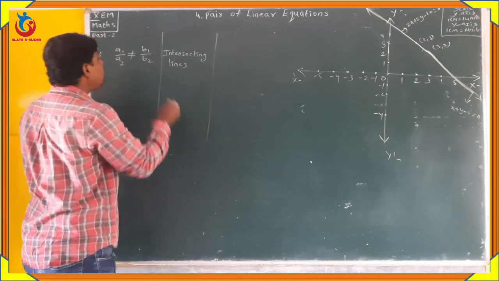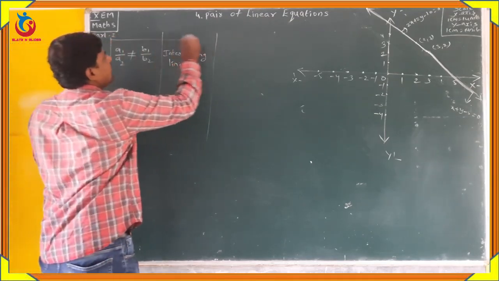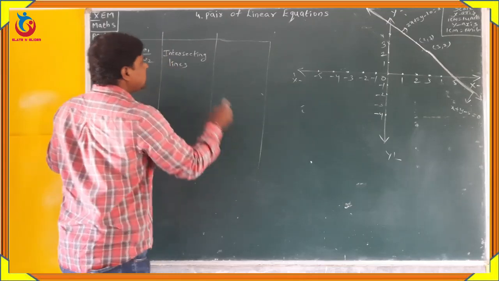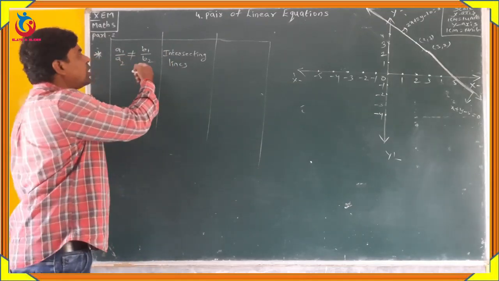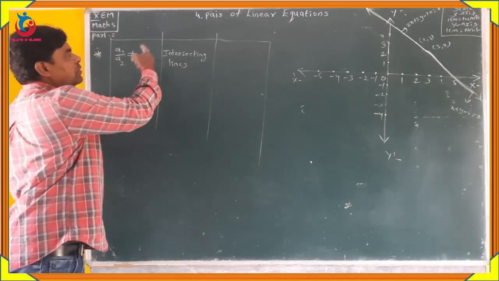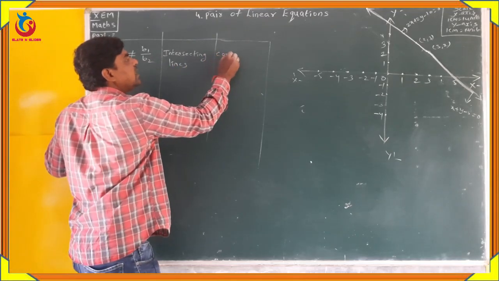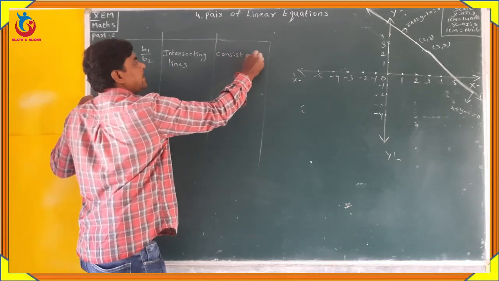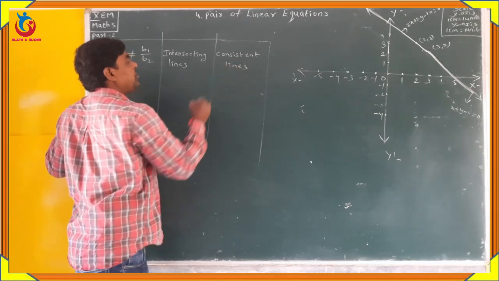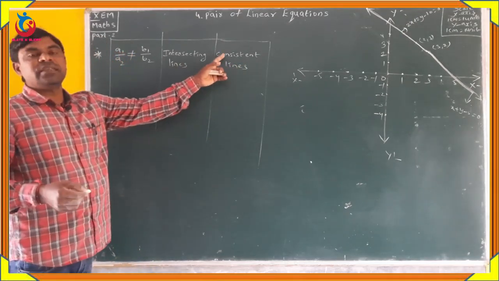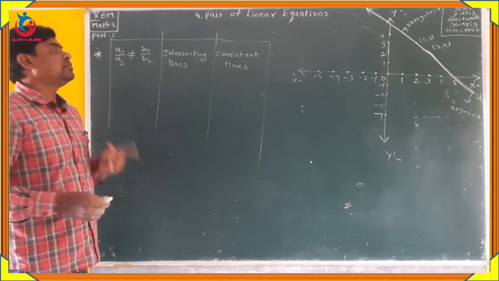And we have one more quality, that is when A1 by A2 is not equal to B1 by B2, then the two lines are called consistent lines. If this condition occurs, then we can say that two lines are consistent lines.